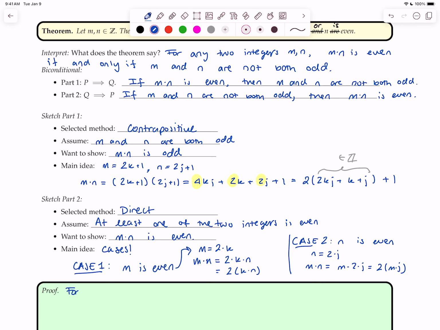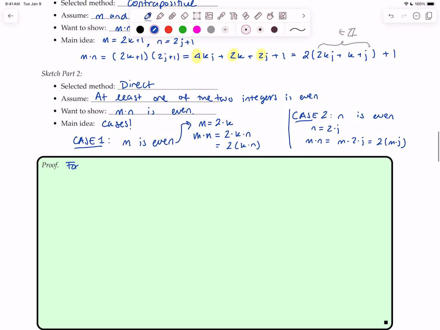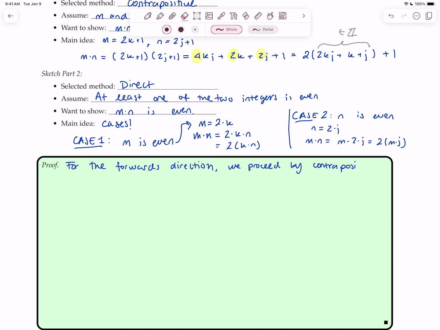You could state that, and you say, then we'll prove by contrapositive. I'm going to just say, for the forwards direction, and then we proceed by contrapositive. That was sort of our idea.